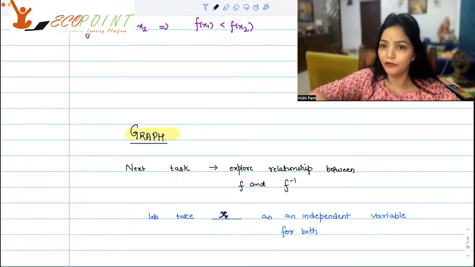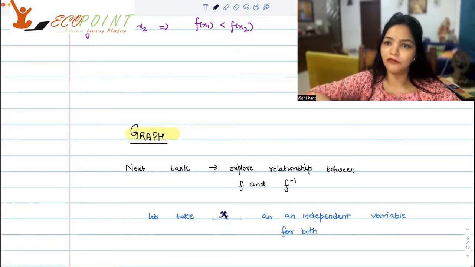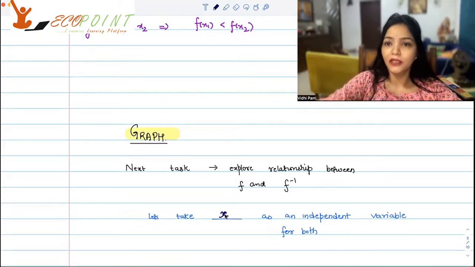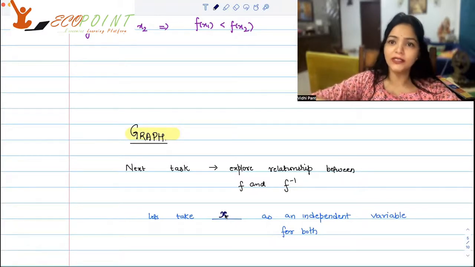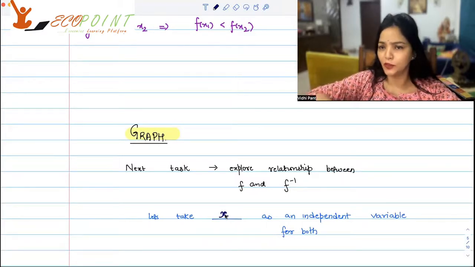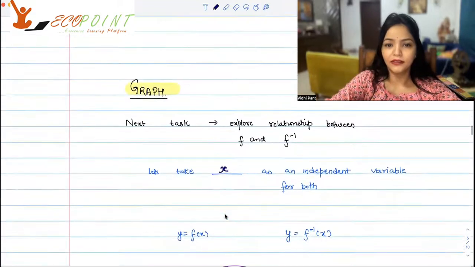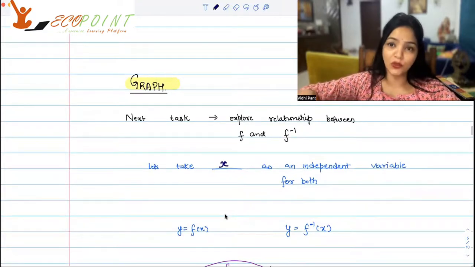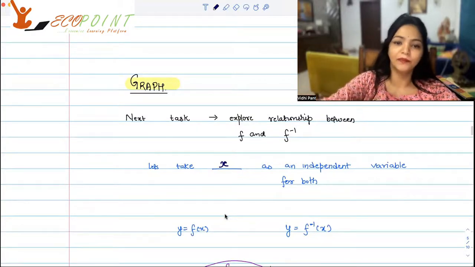It would be good for our representation graphically if we take x as an independent variable for both. The invertible relation is depicted by f inverse, no matter what input you are taking, okay? So y is equal to f(x) and y is equal to f inverse (x). That's how we will represent it on the xy plane.